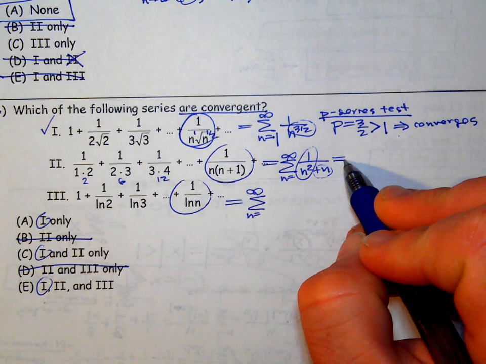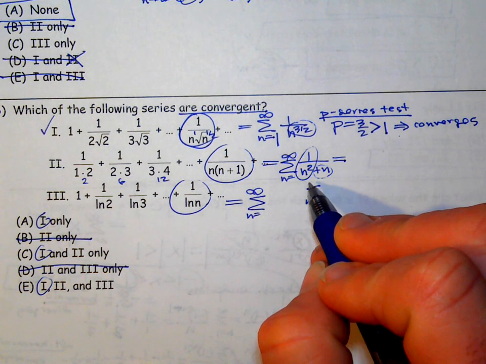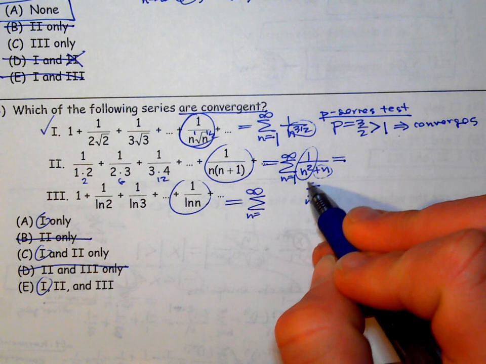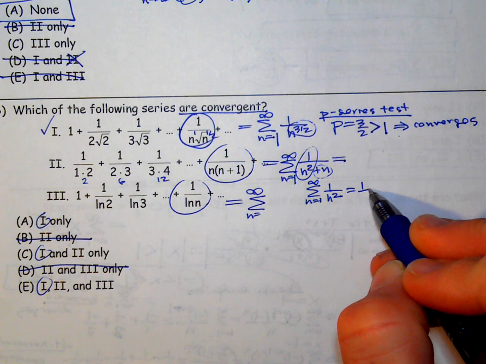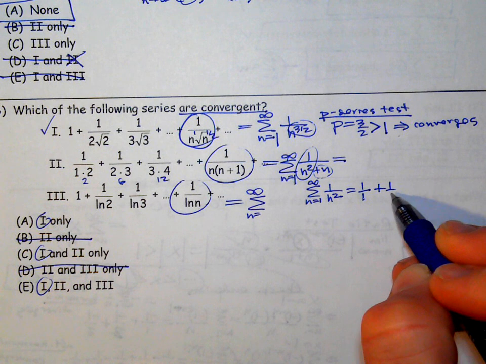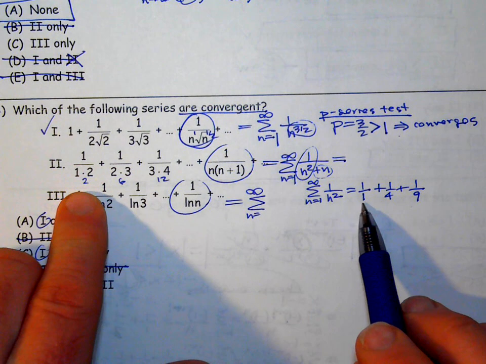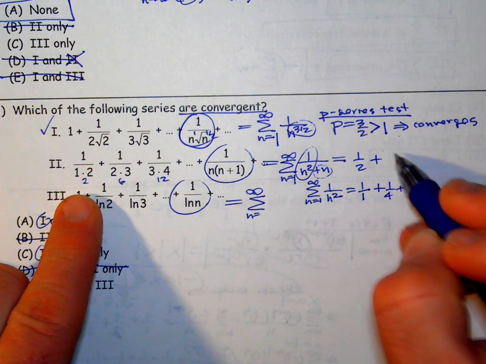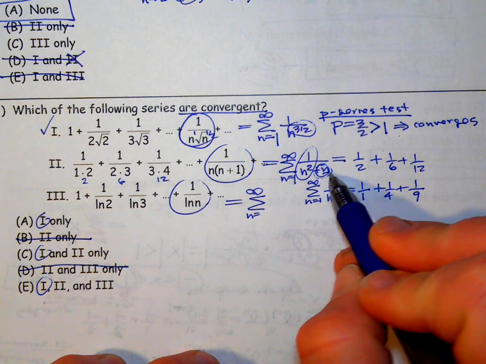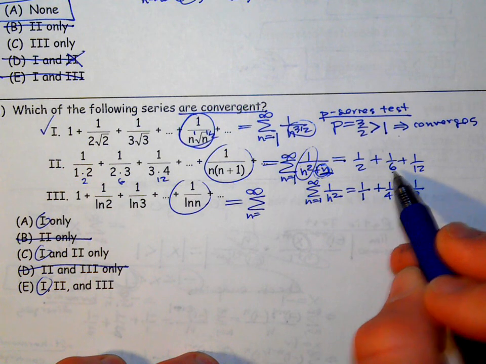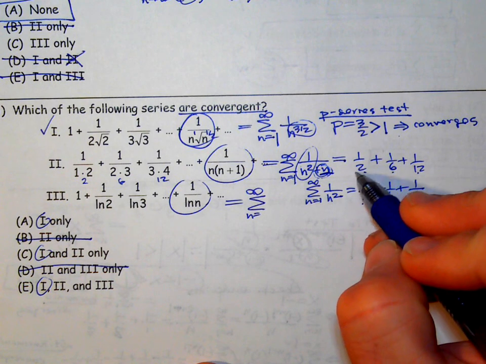So if you were to compare this to the sum from n equals 1 of 1 over n squared, these terms would be 1 over 1 plus 1 over 4 plus 1 over 9. In our terms, 1/2, 1/6, 1/12. Ours, because our denominators have this little extra term to the n squared, they're always going to be bigger denominators than the one which is n squared, which means this is smaller than this.